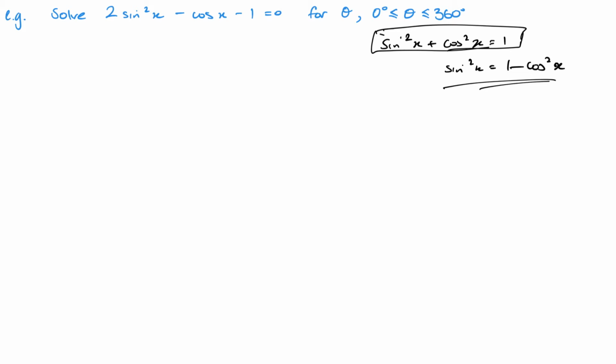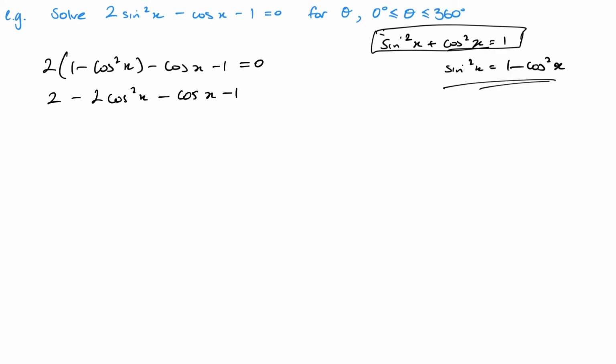So let's go ahead and substitute this in. So we get 1 minus cos squared x minus cos x minus 1 equals 0. Expand our brackets. 2 minus 2 cos squared x minus cos x minus 1 equals 0.